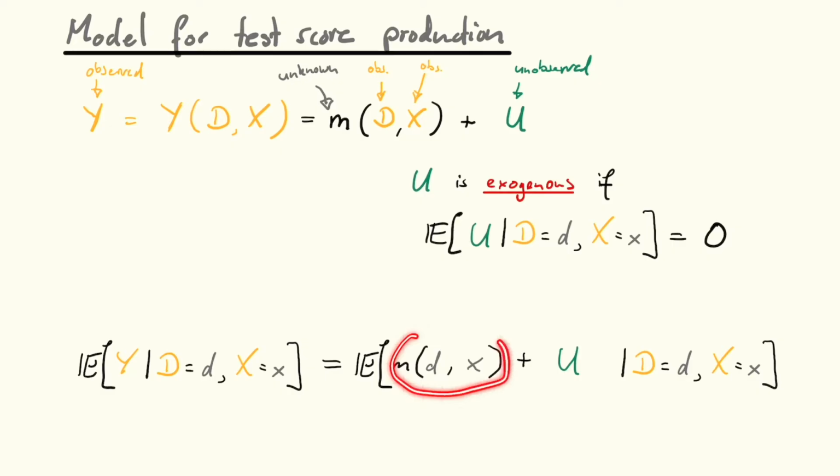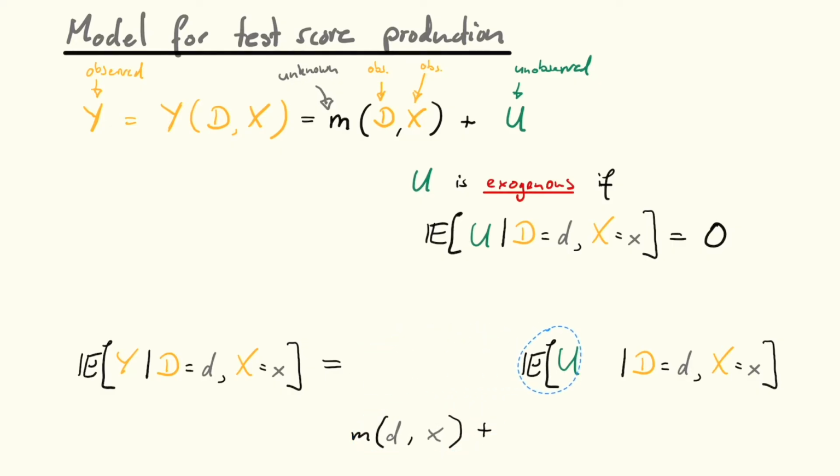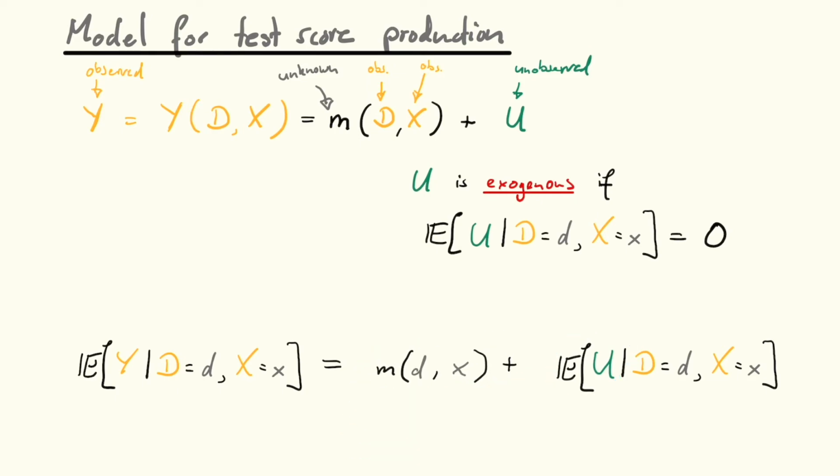This means I can take this out of the average. Now, this here will be equal to 0 by the balancing assumption, and therefore we'll just be left with this.